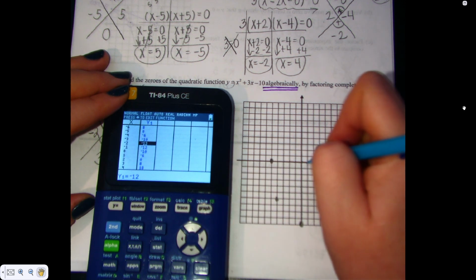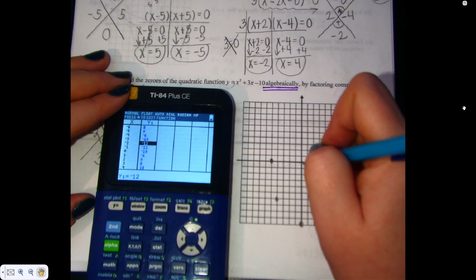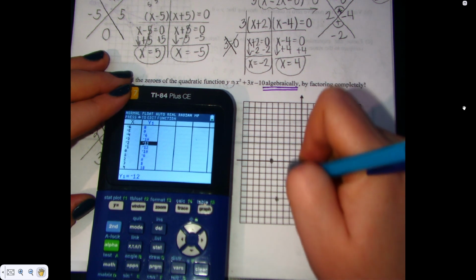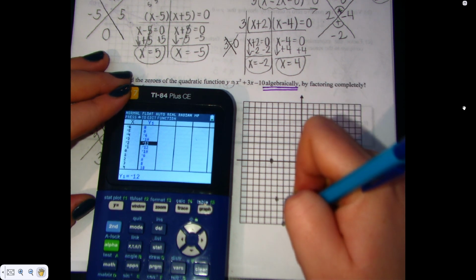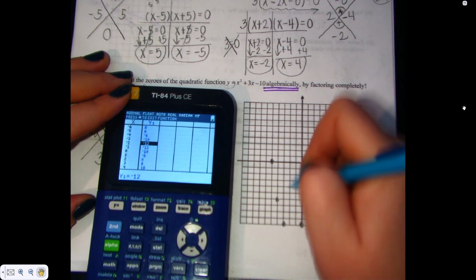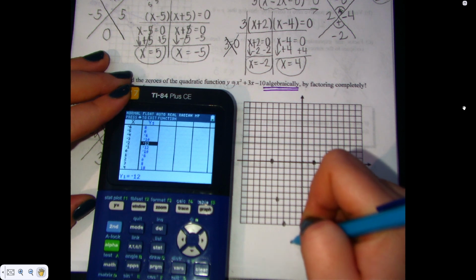Negative 2, oopsies, negative 3, negative 10. Oh, okay. Sorry, I screwed that up. Negative 2, negative 12. Oh, no. We're off the graph. That's okay.